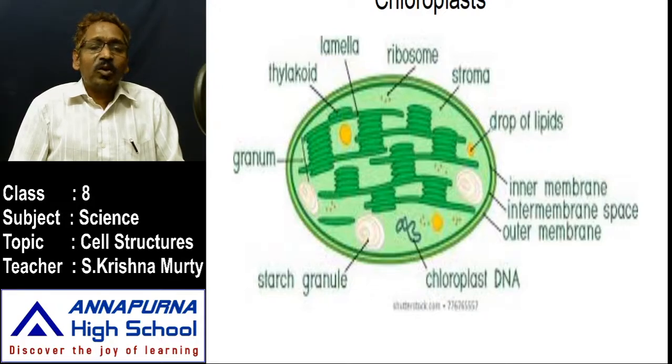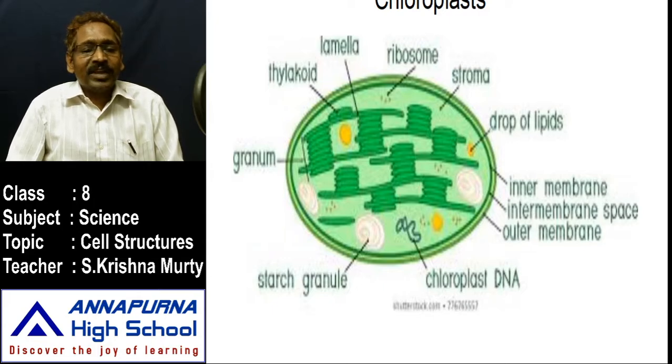That's why chloroplasts play a major role in trapping solar energy for photosynthetic activity. So the grana traps the solar energy, and the stroma synthesizes the food material. Where should the photosynthetic activity be done? The photosynthetic activity happens inside the stroma.